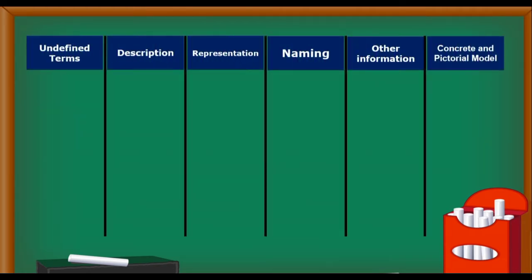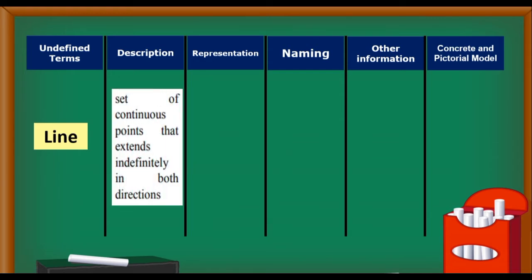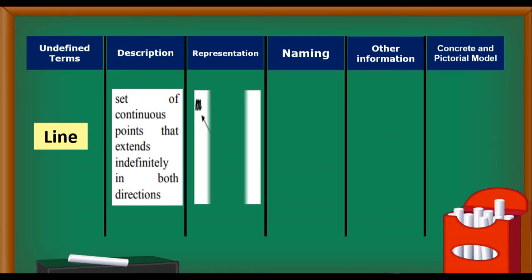Another undefined term is what we call the line. Ano naman po ang itsura or description natin sa line? That is a set of continuous points that extends indefinitely in both directions. Ibig sabihin, tuloy-tuloy lang po yung linya. Paano natin i-represent?